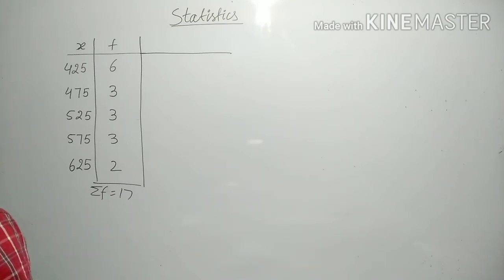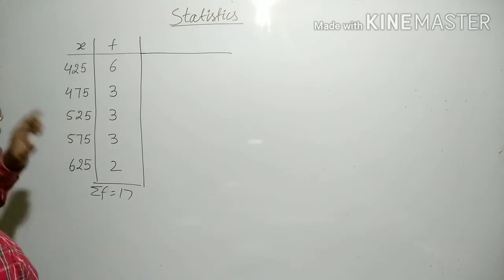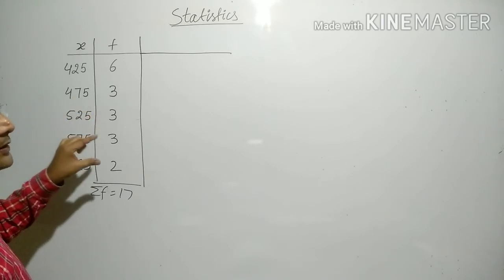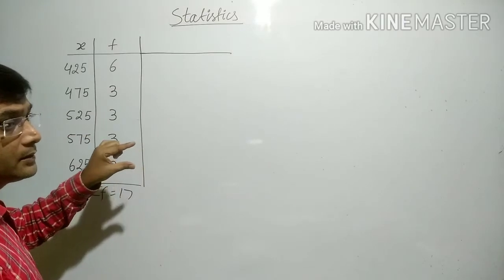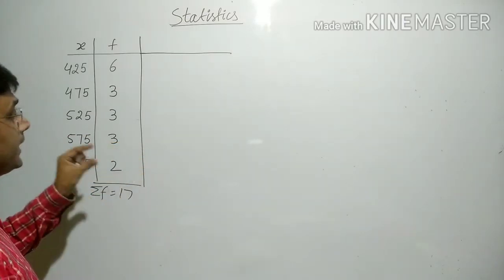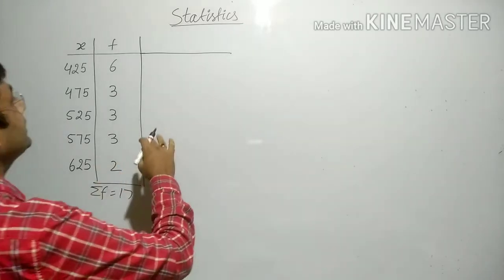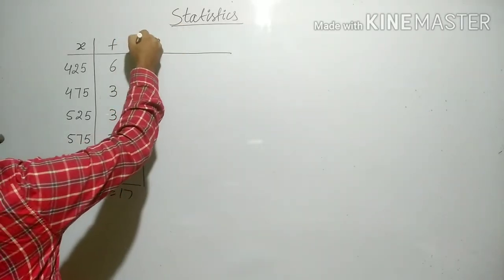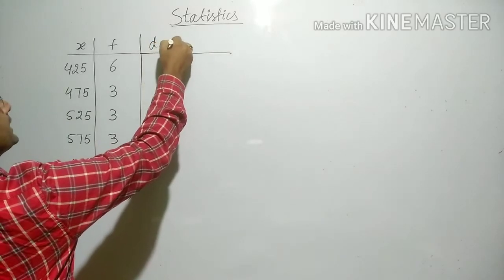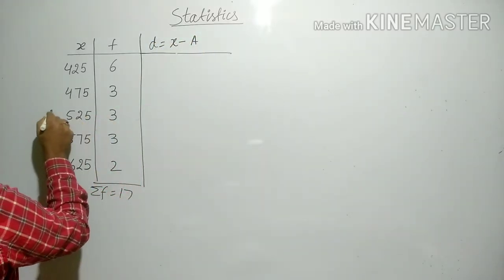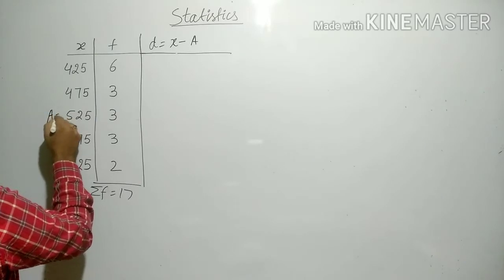If we take any one, we will finally get the same output. So now we will see what we will do to solve this question with the shortcut method, and after that one more step we will add. We will find the deviation, and deviation was x minus a, where a is the assumed mean, a is equal to this.